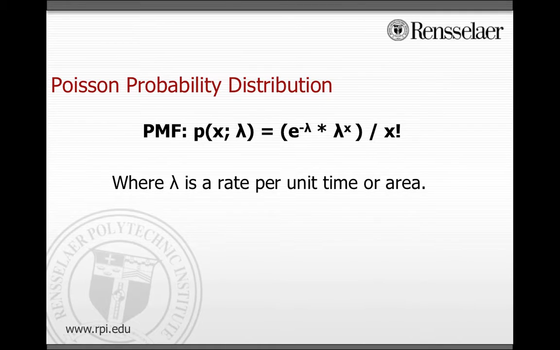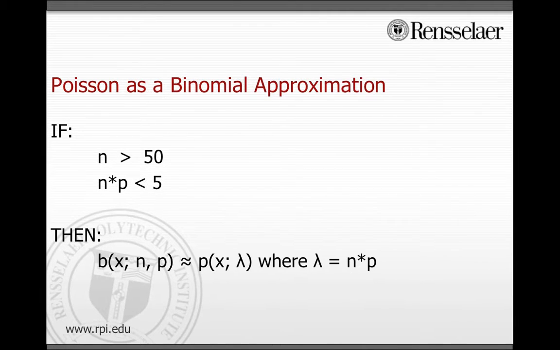So if you see the words Poisson or lambda, or any sort of rate in a problem statement, you should immediately think, could this be a Poisson distribution problem? The Poisson distribution can be a special case of the binomial distribution if n is large and p is small.